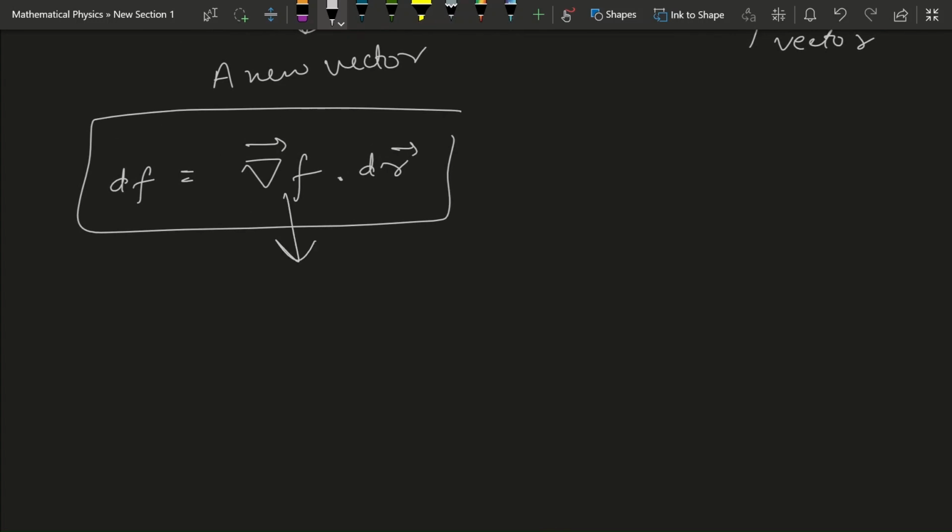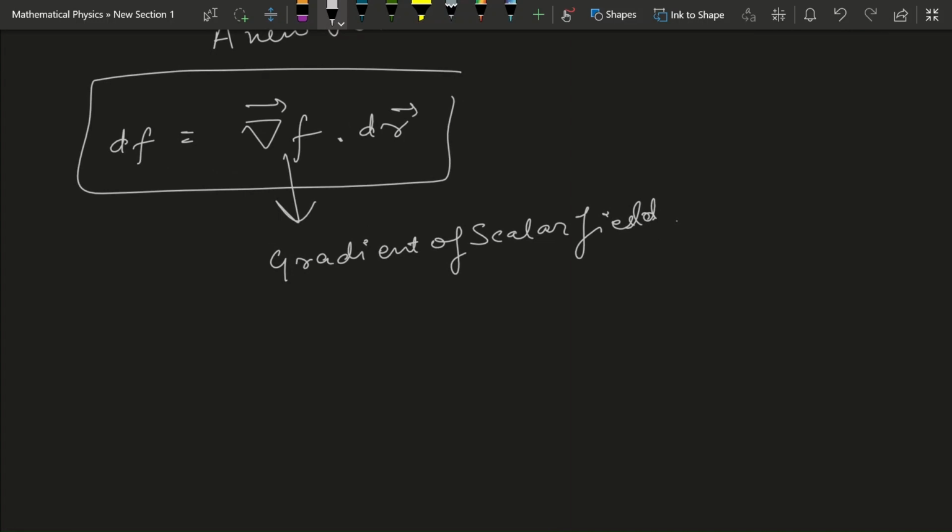And this new vector is called the gradient of scalar field. So gradient is nothing but a special case of directional derivative.